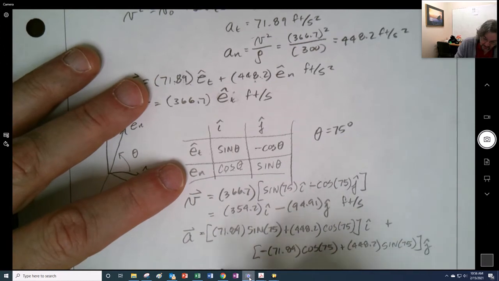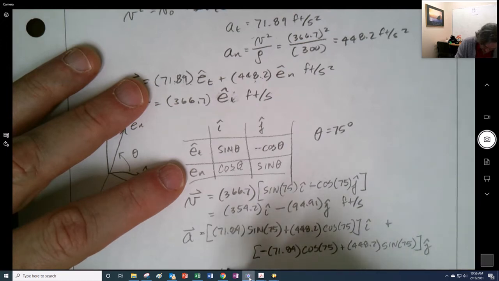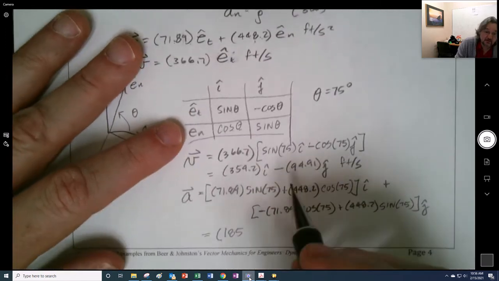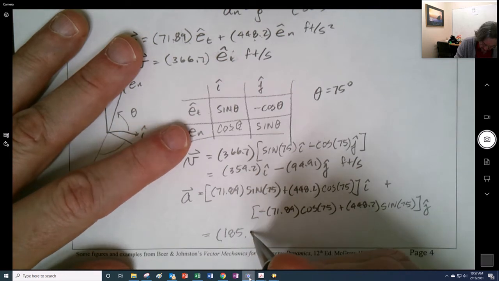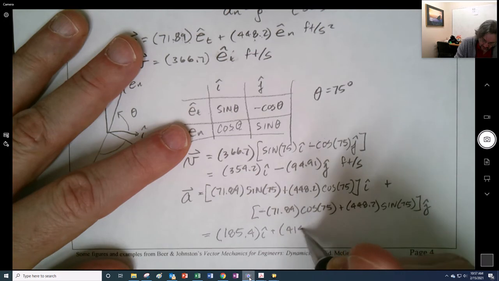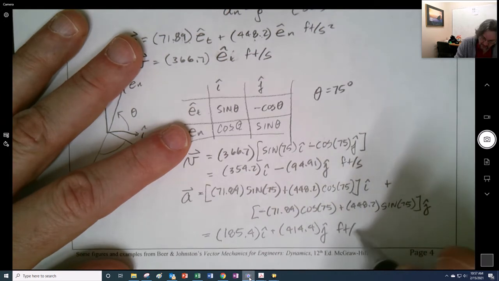And I will get, let's see, double check I did that right. Yes, I will get an acceleration that looks like 185.4 i plus 414.4 j feet per second squared.